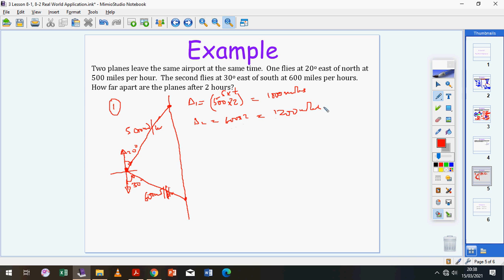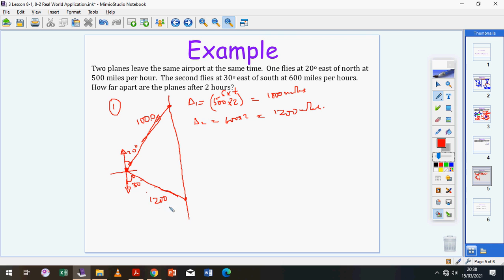So this diagram, even if I had drawn it initially as a velocity diagram, I need to change it to be a distance diagram. So I know the distance that this one is away from the beginning point is 1,000 miles, and this one is 1,200.